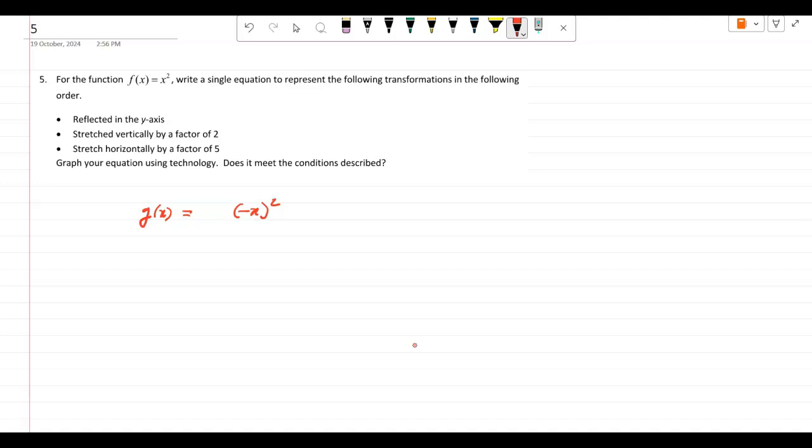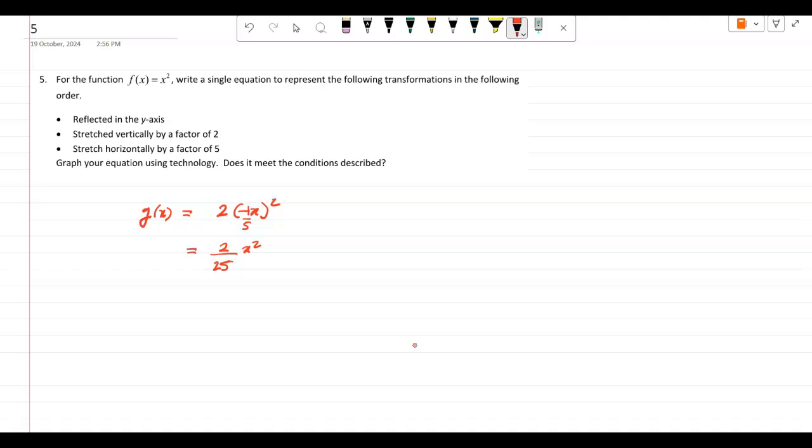Stretched vertically by factor 2. Stretched horizontally by factor 5, so 1/5. This is easy. So what will it become? 2 upon 25 x squared, because you squared.